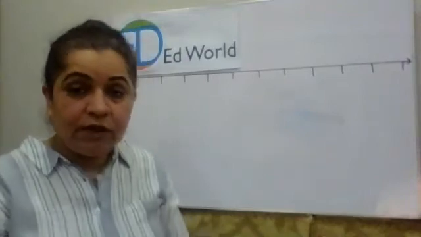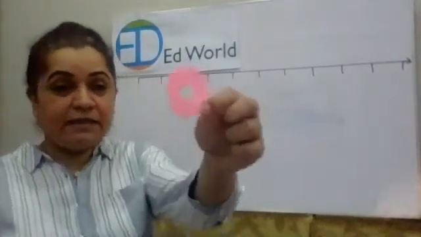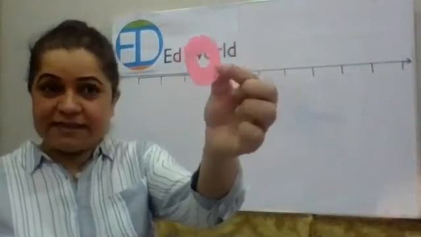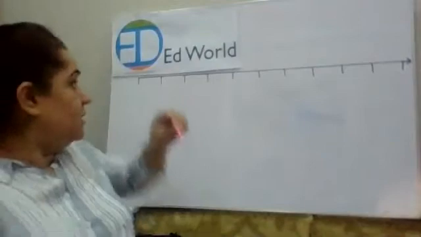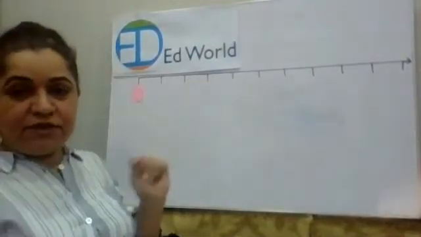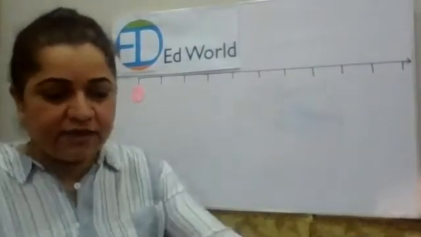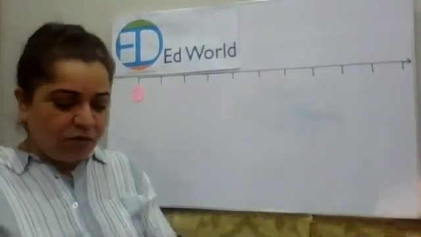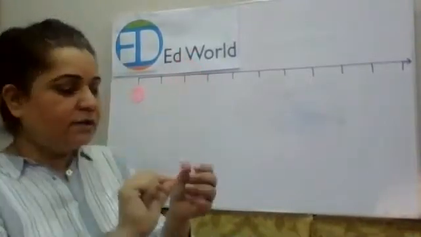Okay, now we are going to start with the first number, and that is, yes, that is 0. So we are going to start up with 0, right? I hope you can see that 0, right? Is it clear to you? Okay, that's great. Okay, so we are going to put number 1.